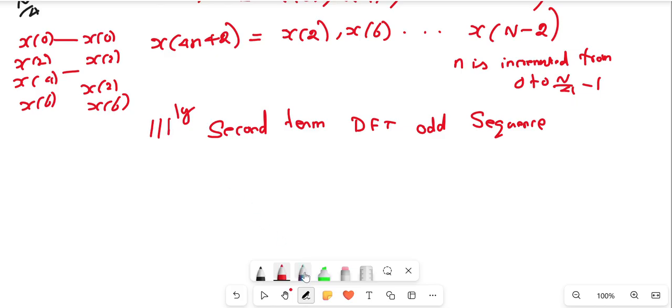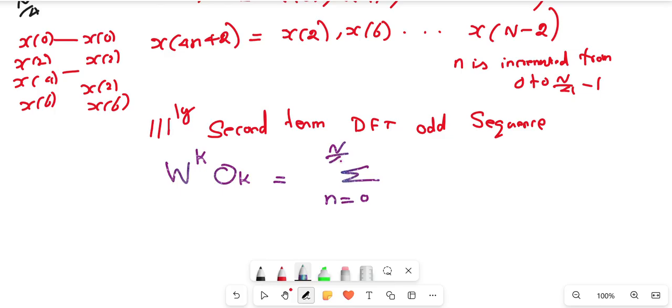We'll take this equation. So W power k times the odd term. Again this will be divided into n equal to 0 to n by 4 minus 1.